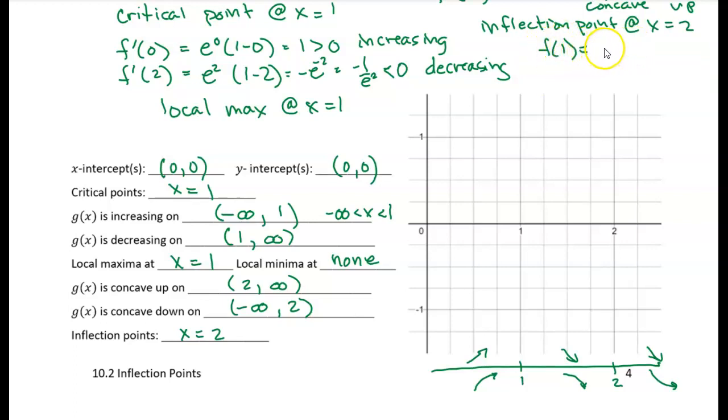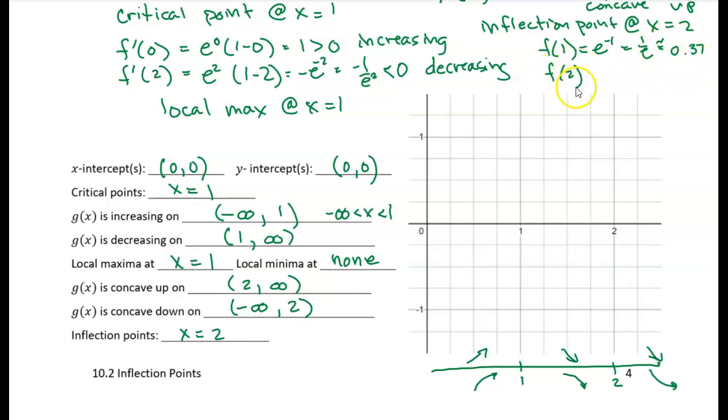I can just put in 1, and our function was x e to the minus x, so it just becomes e to the minus 1, which is 1 over e if you want the exact value. But if we're going to graph it, it'd be nice to have some idea of its value as a decimal. It's approximately equal to 0.37.